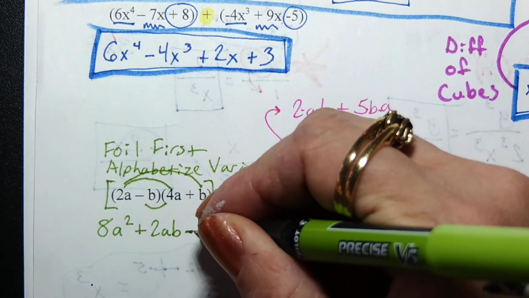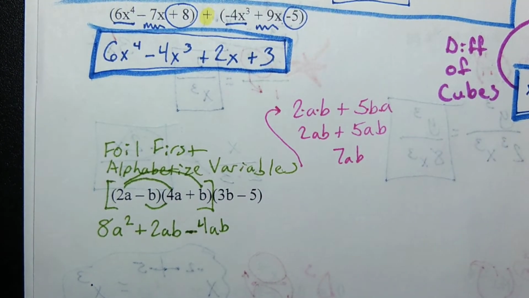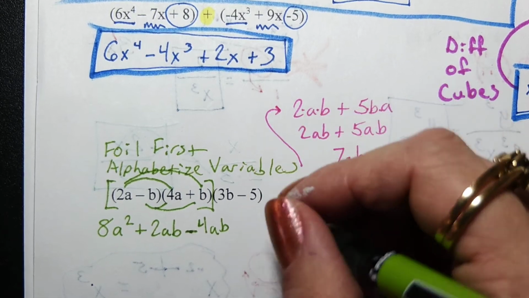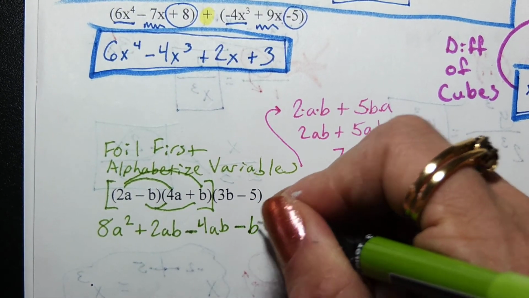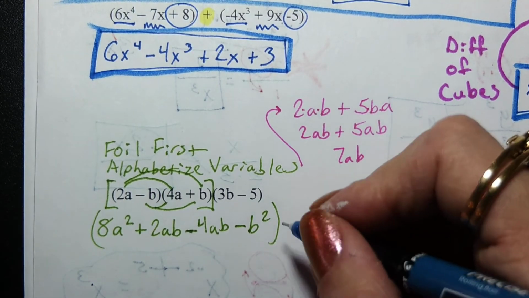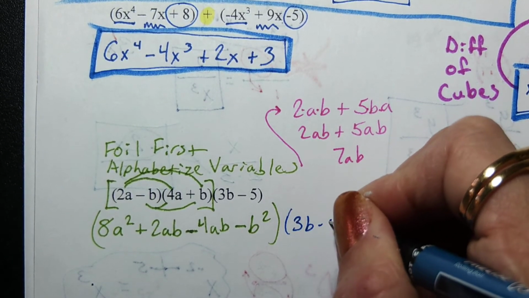Excellent. Negative 4ab. Emphasis on the negative because sometimes students will miss the signs when they're focusing on the numbers and the variables. Then lastly, negative b times b, negative b squared. And then I had that 3b minus 5.